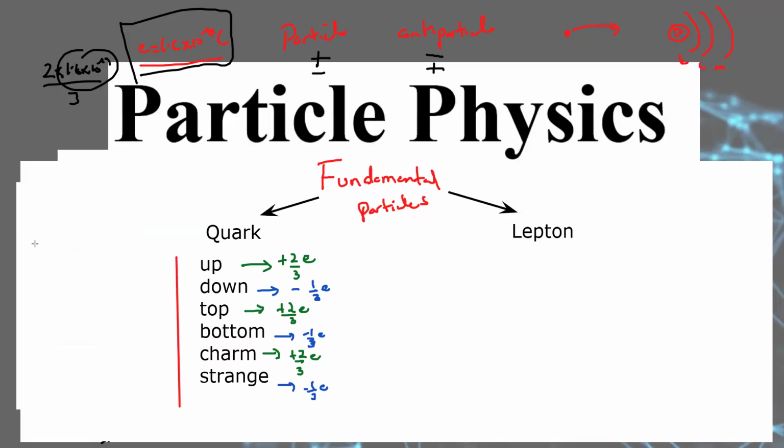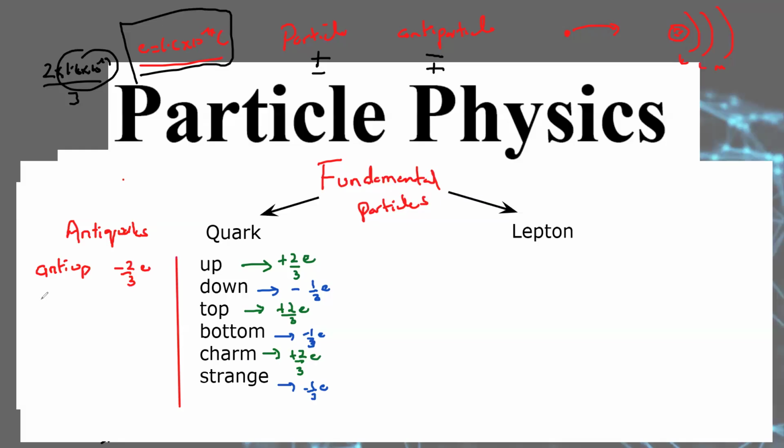If I make antiquarks, up, what will be the opposite of up? The particle name is called anti-up. And what will be the charge on the anti-up? Good, that will be minus 2 by 3 E.